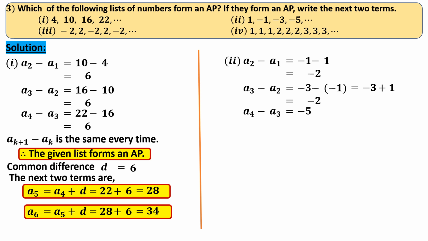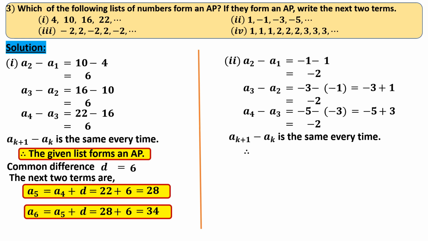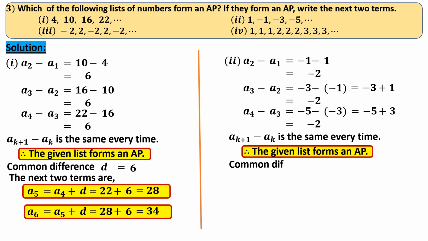This is minus 2. a4 minus a3 equals minus 5 minus of minus 3. Minus 5 plus 3 equals minus 2. Here again, the difference between any two consecutive terms is the same. For every positive integer k, ak plus 1 minus ak is the same.